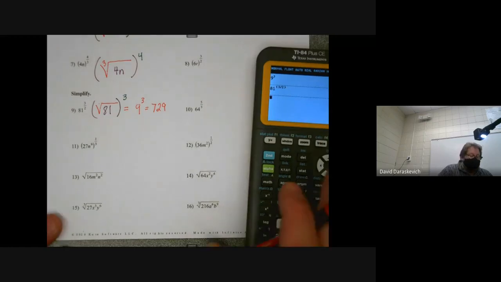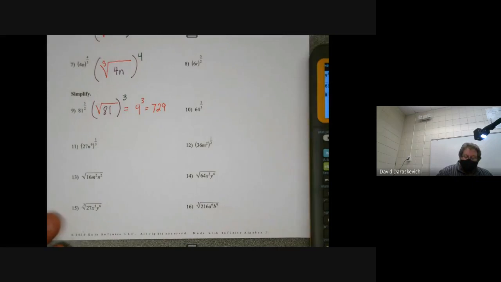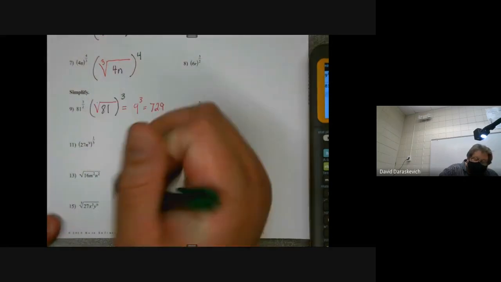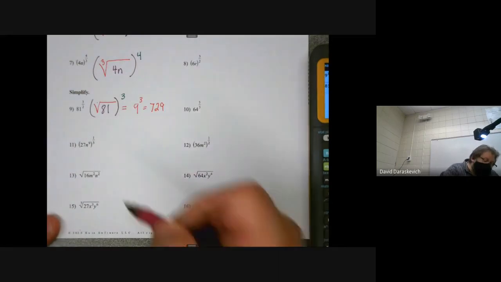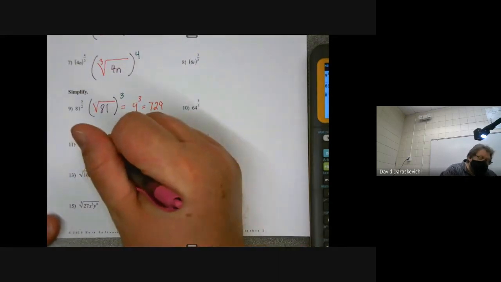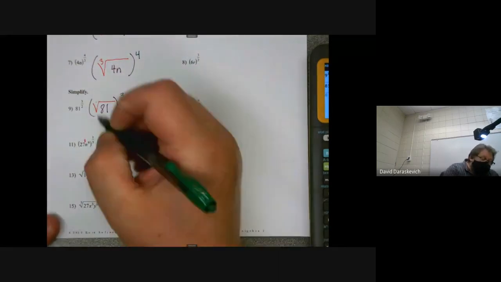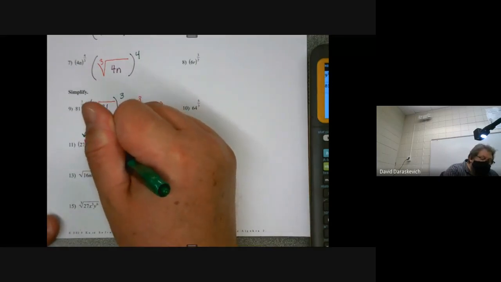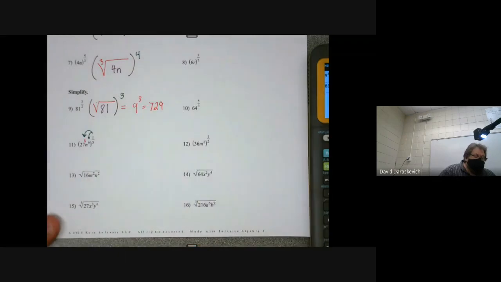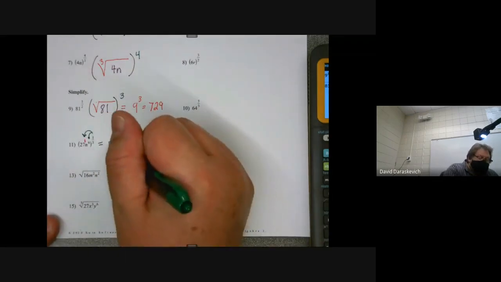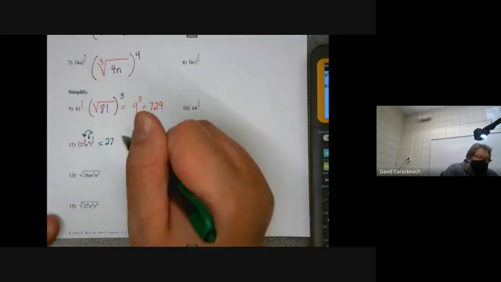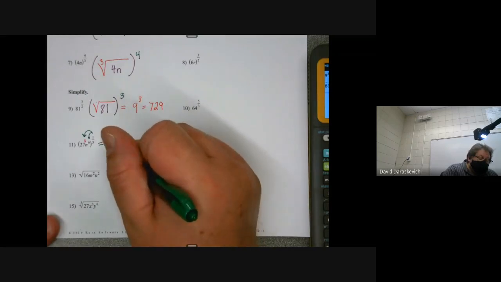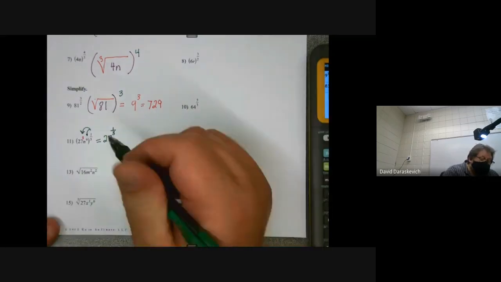Yeah, let's go ahead and do number 11. Okay, remember, if there's not an exponent there, it's a 1, right? So I have a power raised to a power, so I have to apply a property first. Okay, so I have 27 raised to the 1/3, or in other words, the cube root of 27.